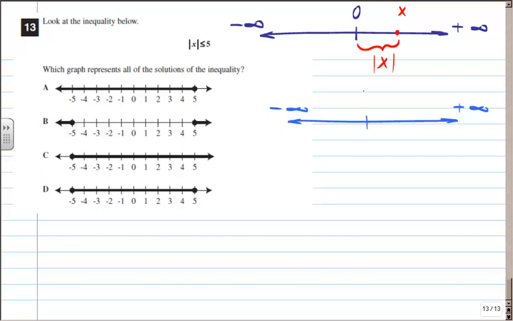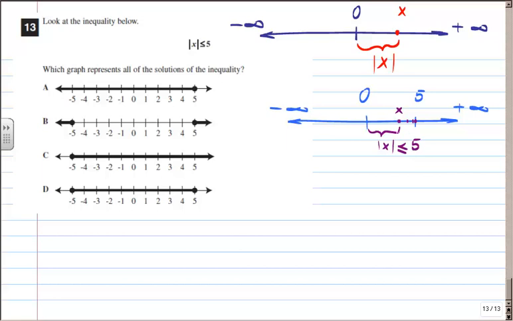Which means if I have my 0 here, and I have my 5 here, and supposedly my x will be right there, that x being placed over there is fine because the distance from my x to 0, which is the absolute value of x, is less than 5. And I can choose my x here and here, and it has to be less than or equal. It can't be even 5, right?